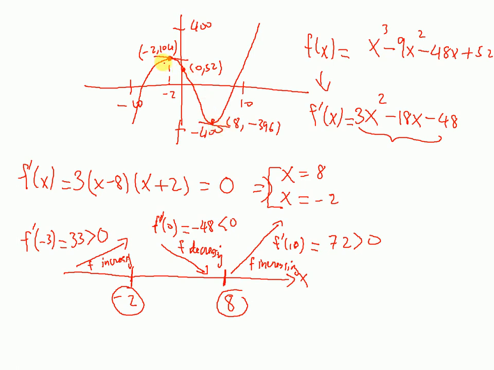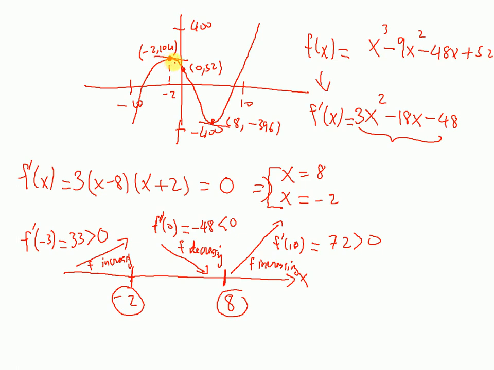If the function is changing from increasing to decreasing or from decreasing to increasing, it must change at a point where your first derivative is 0. Sometimes it won't change, but most of the time, if it's changing from increasing to decreasing or decreasing to increasing, then the point where the sign is changing must be a point where your first derivative is 0.